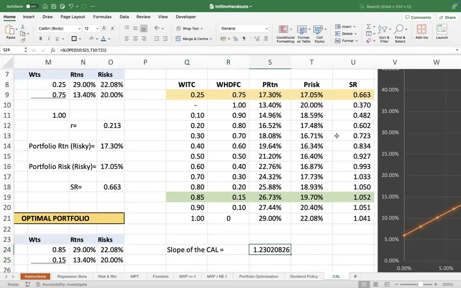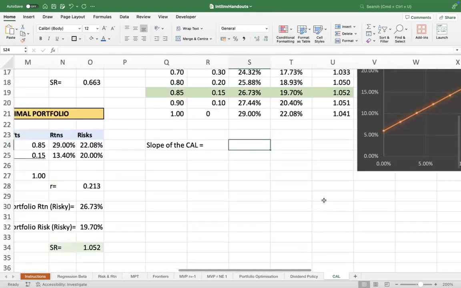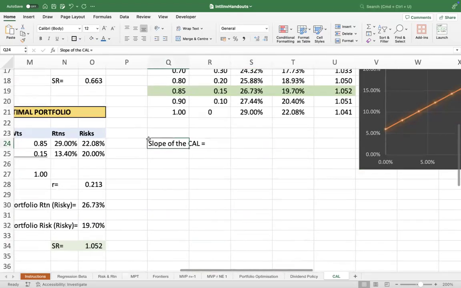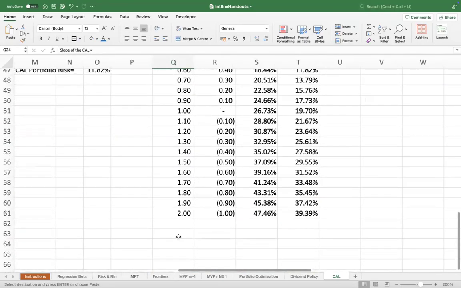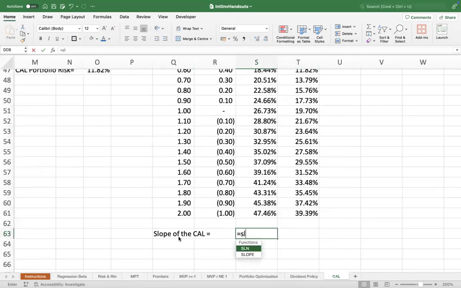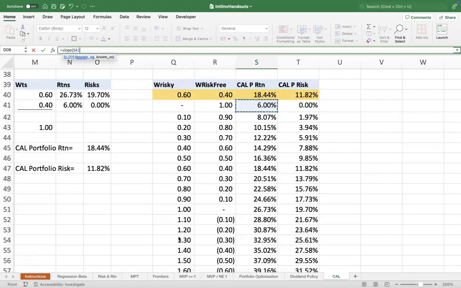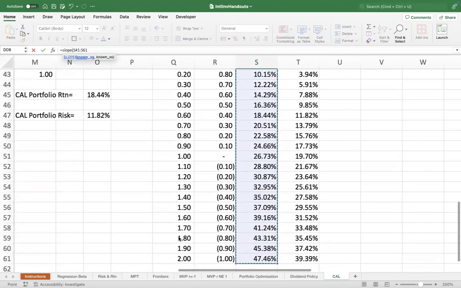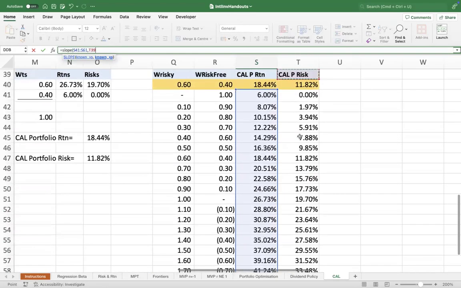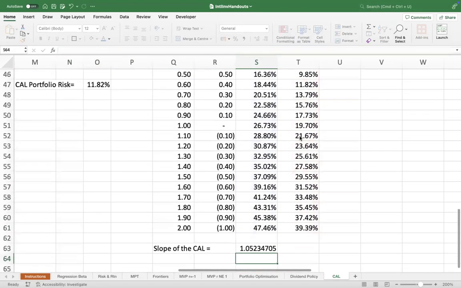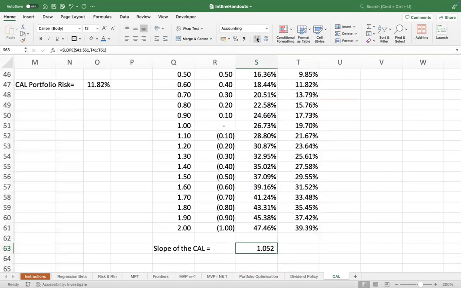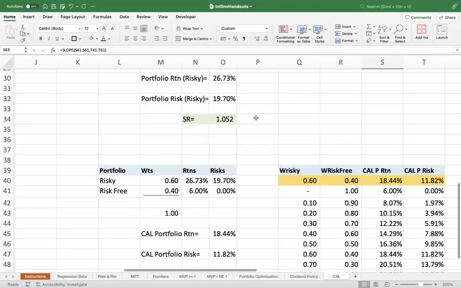What do you get? Oh, I took the wrong line. I'm so sorry. It should come here. What is the slope of the capital allocation line? You take slope, y is your return, known x's take it from the risk. See? Slope of the capital allocation line is the Sharpe's ratio of the risky portfolio, which was 1.052.